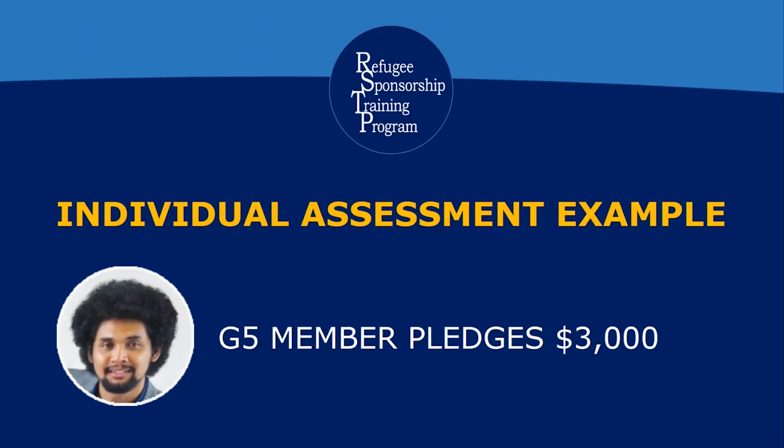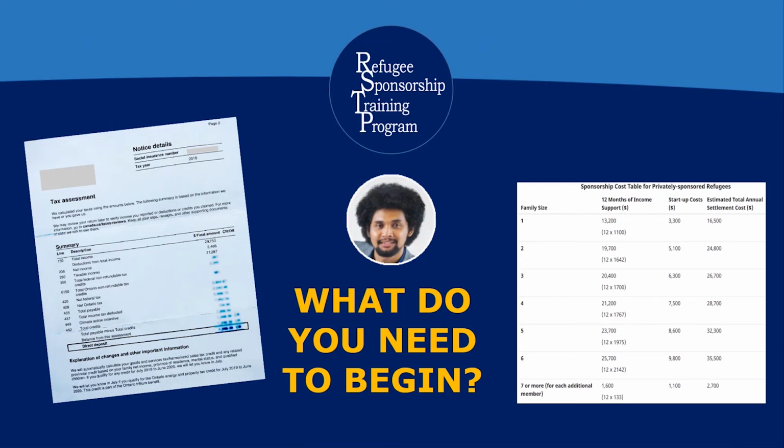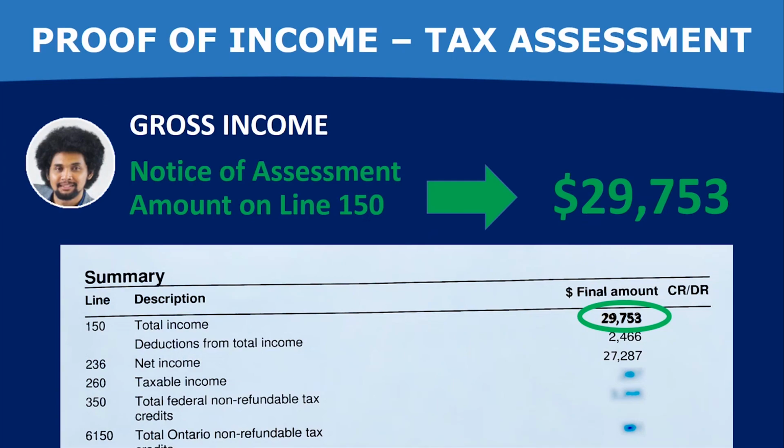So, what does Jamil need to figure out if he has enough money based on what he wants to contribute? He's going to need his most recent notice of assessment, and he's going to need the sponsorship cost tables.